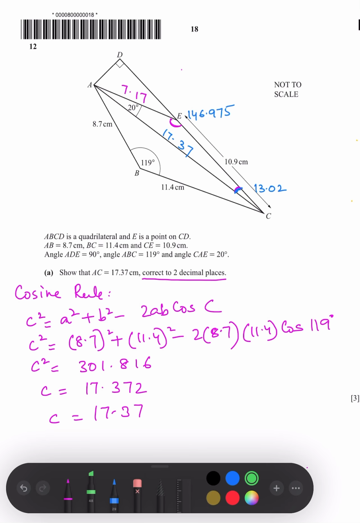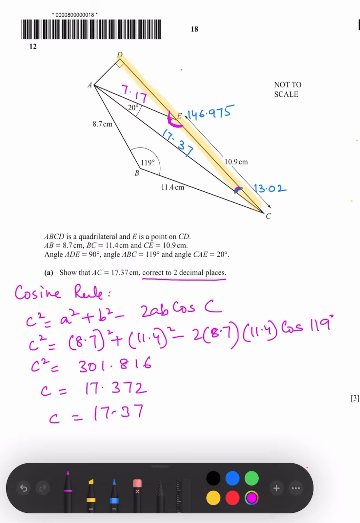Now we have to calculate this. If you see, DEC is a straight line. Angles on a straight line make 180, and we know the angle AEC.